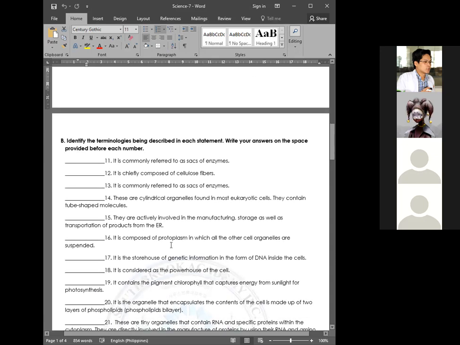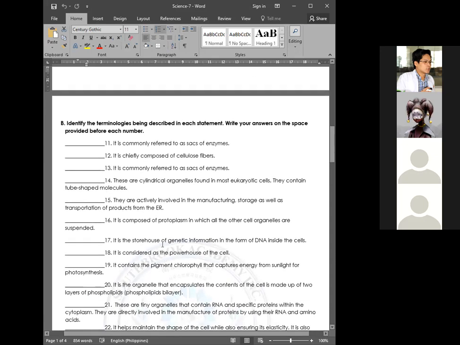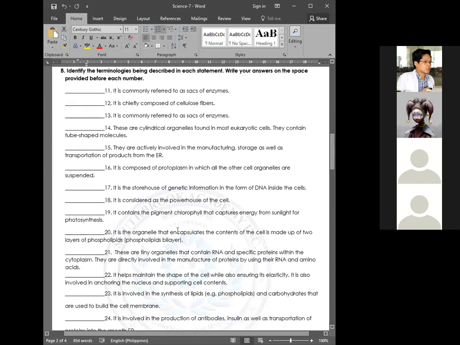Okay. For test 1B, you're asked to identify the terminologies being described in each statement. So number 11, it is commonly referred to as sacks of enzymes. Grade 7, are you still with me?